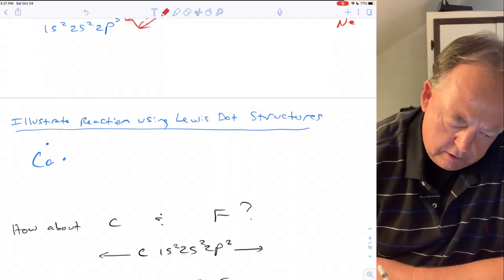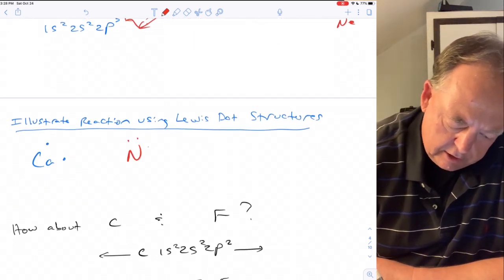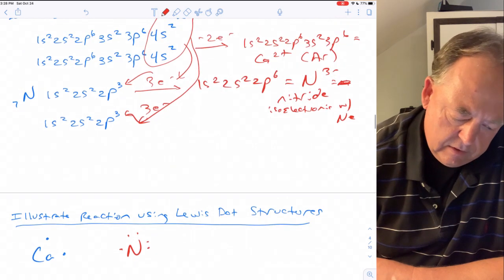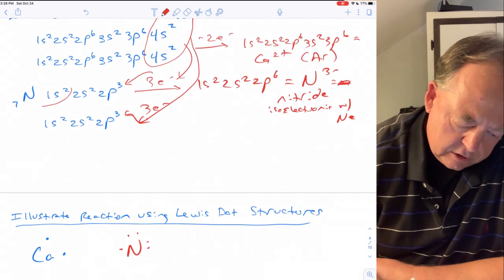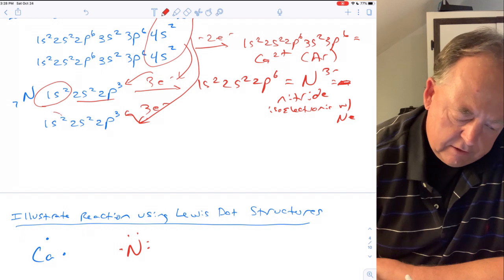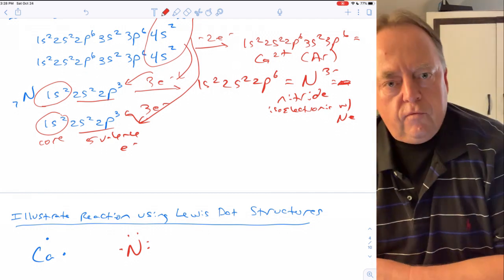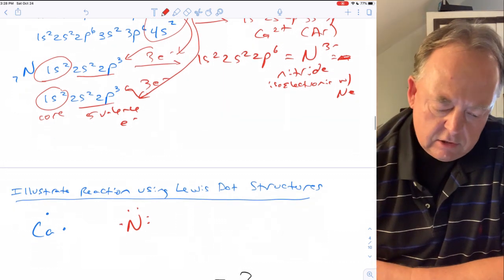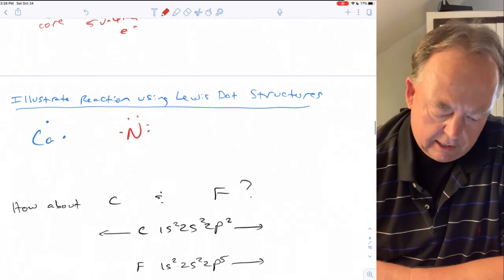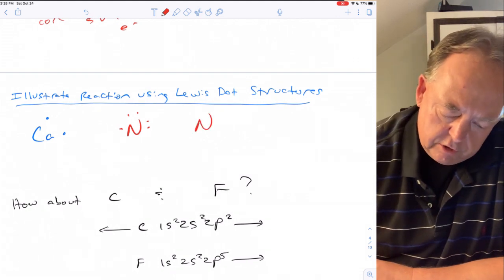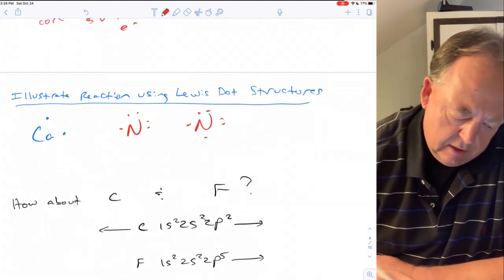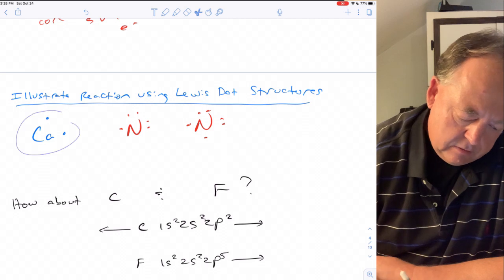So nitrogen has 5 valence electrons, right? Because this is its core, and these are valence. Of course, nitrogen's in group 5, so that's another way to know how many valence electrons it has. So we need 2 nitrogen atoms, and we need 3 calcium atoms.